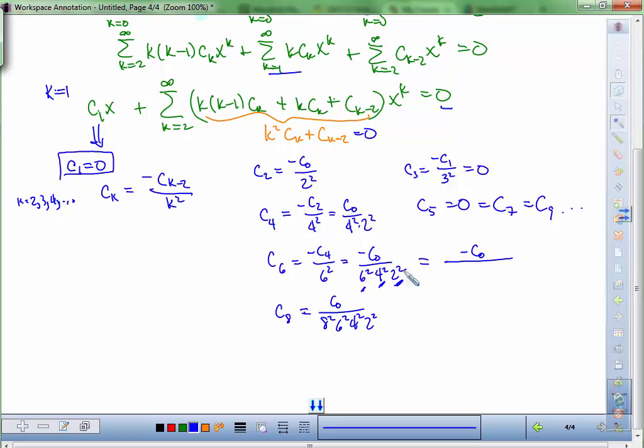So it'll be 2 to the 6th power? 2 to the 6th. And then what do we have left? 3, 2, 1.